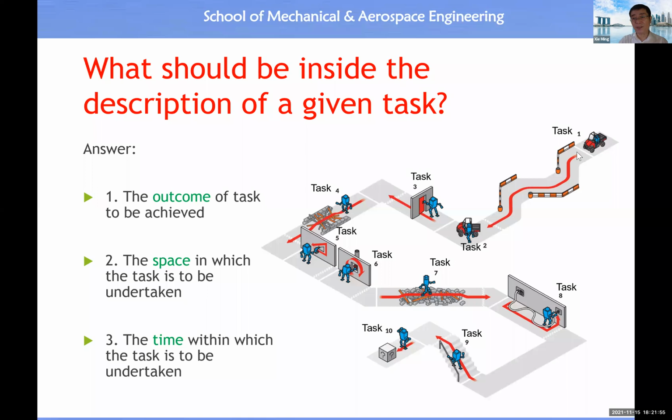So you will see we have task 1, task 2, task 3, etc. Then for each task, we have a specific outcome, for example, to pass through the door, to climb up the stair, and to walk through this area, which is full of obstacles, etc. So these are the key information which should be contained by a task description.